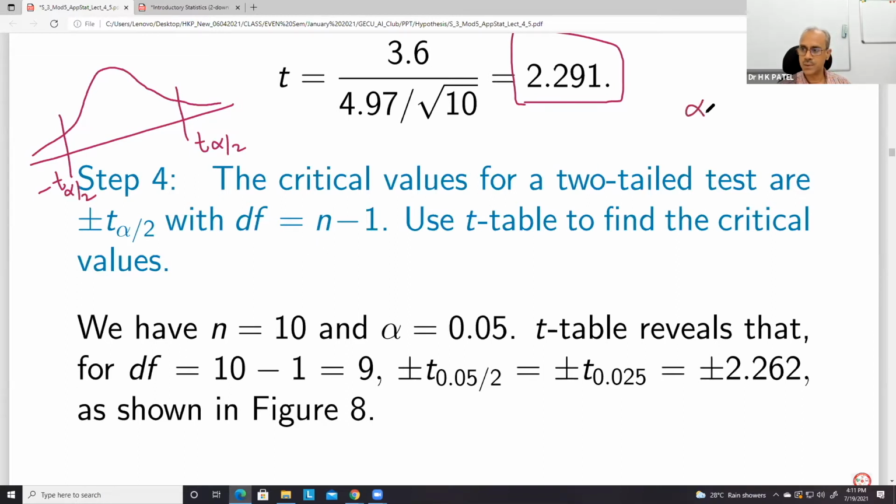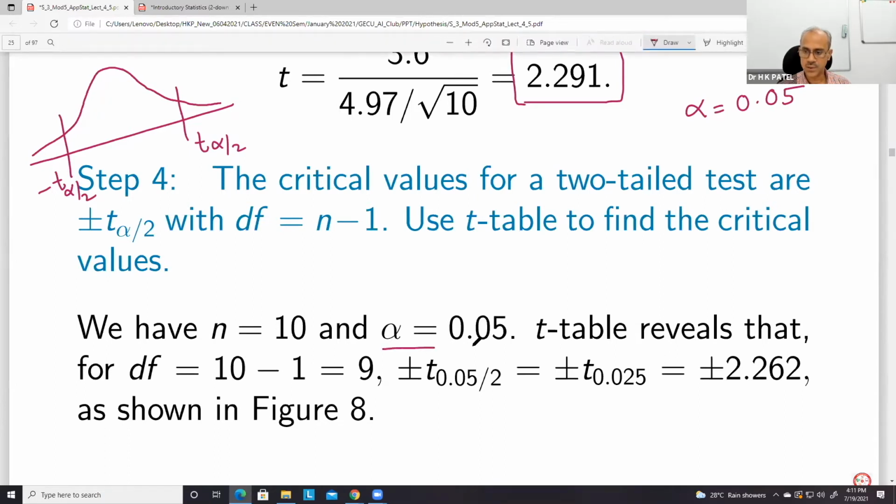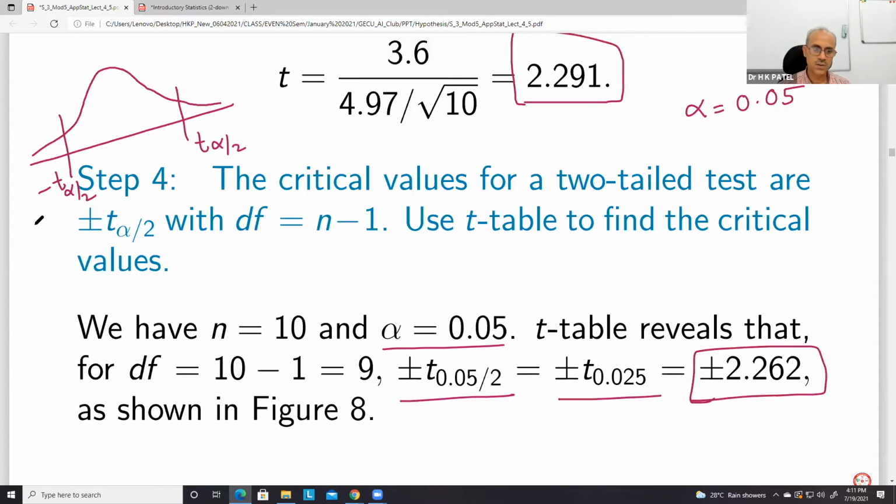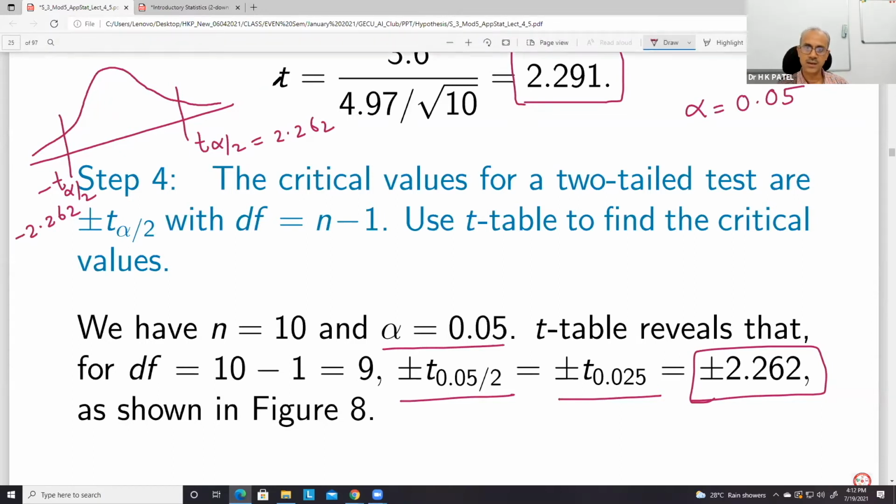So alpha we have 0.05, and therefore plus minus T alpha by 2 will be 0.05 by 2, that is T 0.025. So this value is 2.262. So this is actually minus 2.262, and here it is plus 2.262. And the T value is 2.291. So you can see that this T value is greater than T alpha by 2.